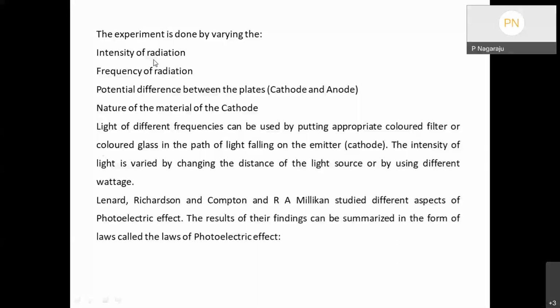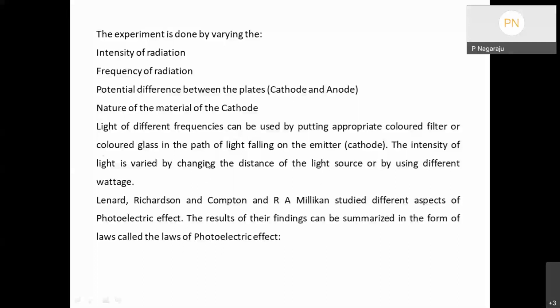Therefore, the intensity variation can be done either by varying the distance or by changing the light source with a different wattage. And for frequency of radiation, light of different frequencies can be used by putting appropriate color filters, in other words, colored glass, in the path of light falling on the emitter, which is nothing but the cathode.